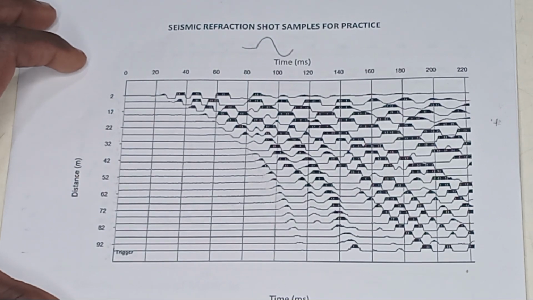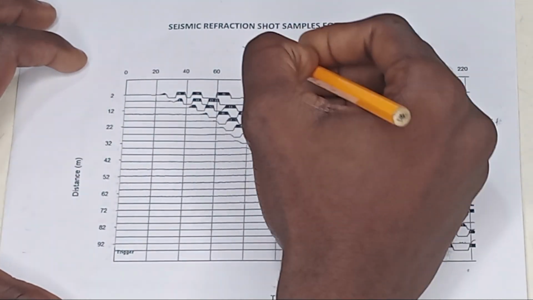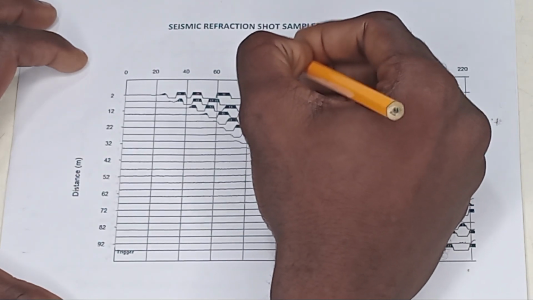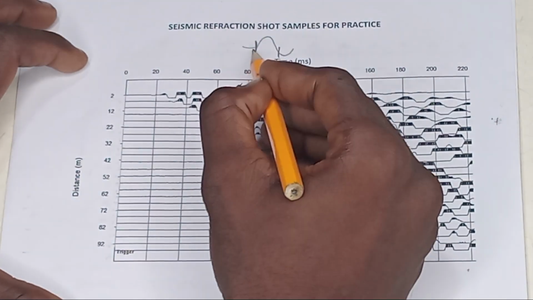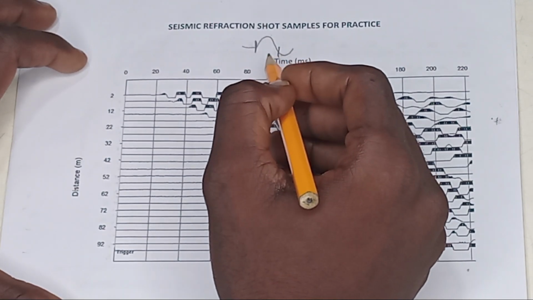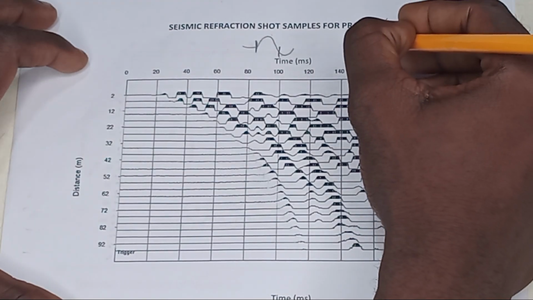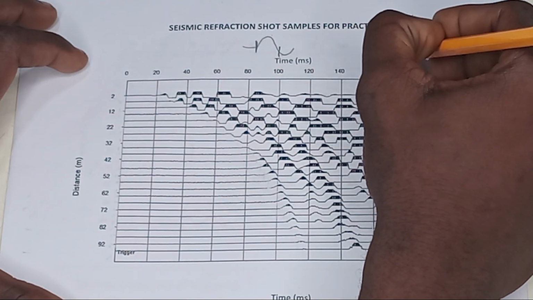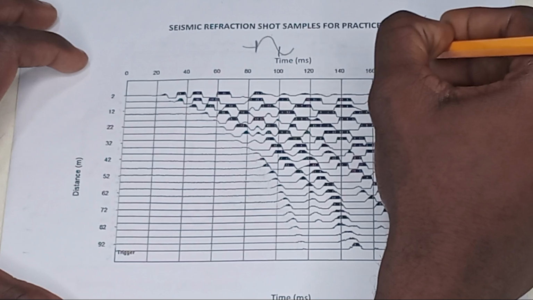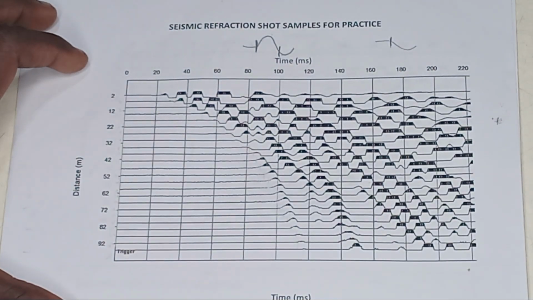So we're just going to pick the point before it starts to peak, or the point before it starts troughing. Those are the things. So if I see something like this, I see before it starts troughing, I'll pick it. That is my first arrival.